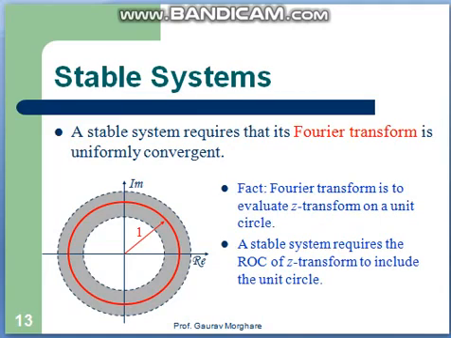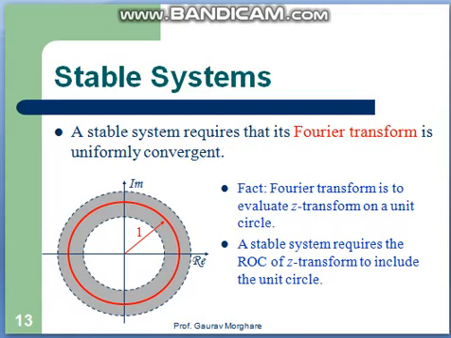Now we will describe the stable system. From the concept of ROC, if the signal is absolutely summable, having a finite output for the values of Z, then the system is said to be stable. But the input we apply should be finite.